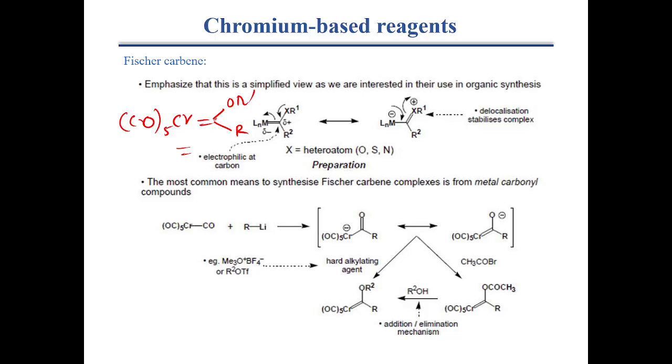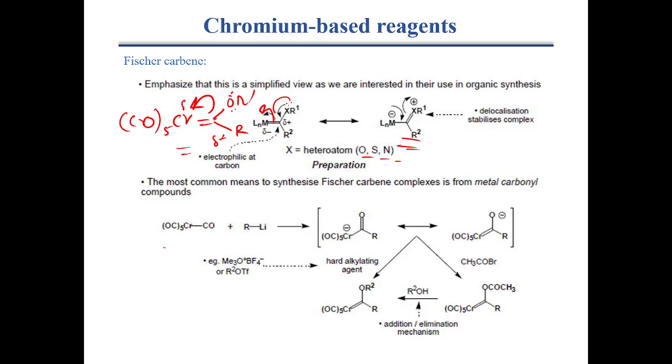This is the carbene center. It is electropositive, and the metal is electronegative, so the movement should be this way. This is the driving force, this oxygen or this kind of heteroatom. X is the heteroatom, any kind: oxygen, sulfur or nitrogen. It pushes the electron this way, giving this negative, so the chromium would be negative like this. This is the resonating form.